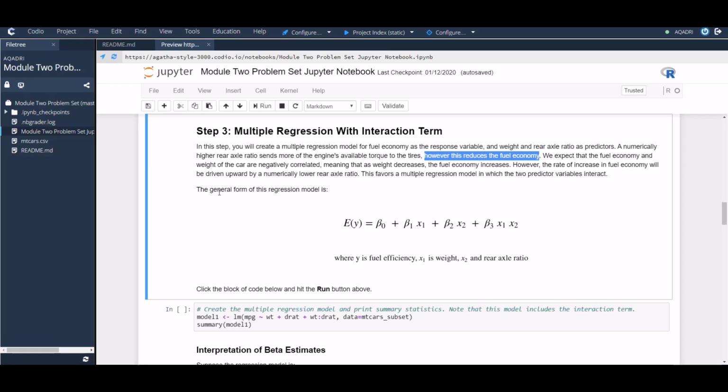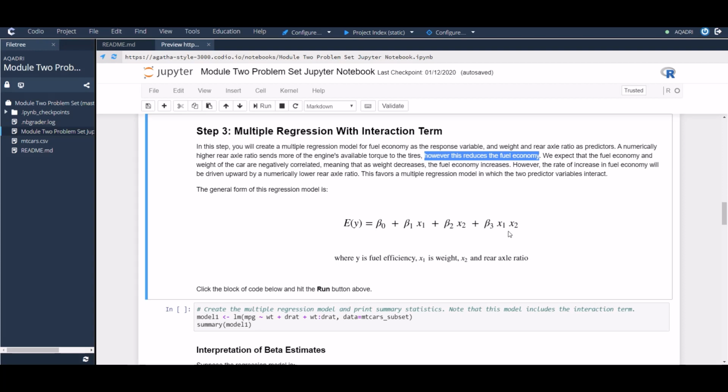So the general form of this model is given here. Expected value of y, that is the response variable, equals beta naught, the y-intercept, plus beta 1 x1 plus beta 2 x2. Up until this point, this is pretty much the same multiple regression model that you worked with previously.